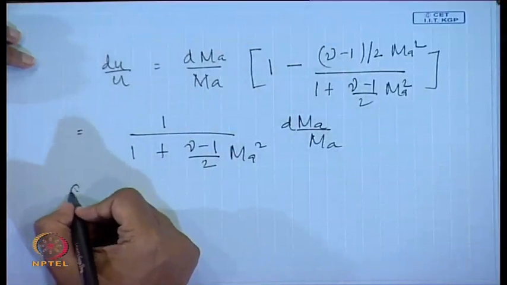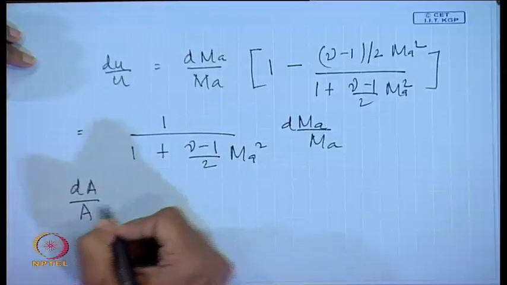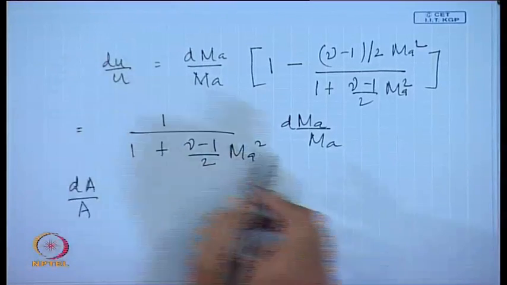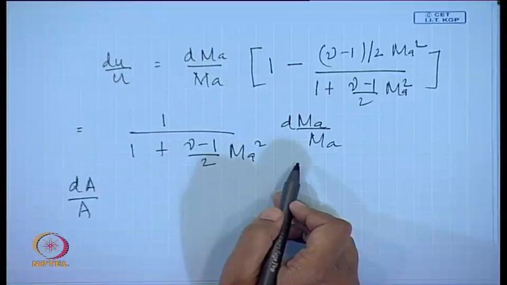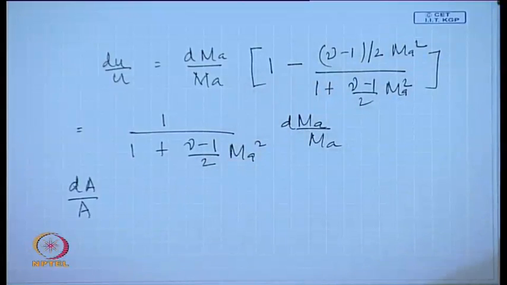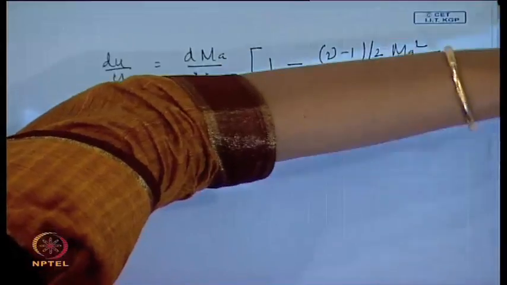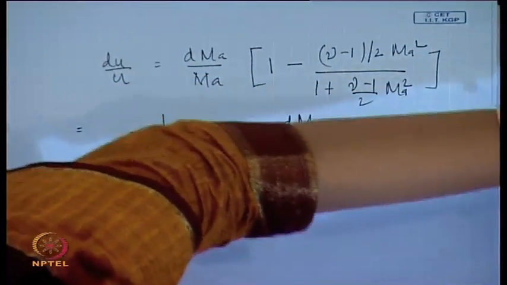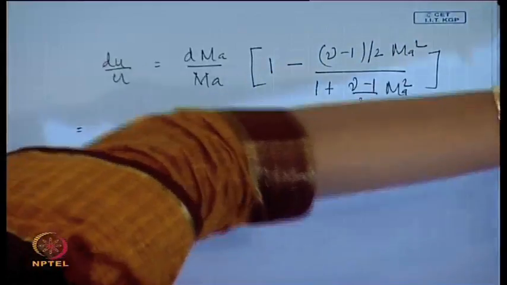So therefore, we find dA by A if we write, then in that particular case we have already got du by u from here. Okay. We already had an equation relating du by u and dMa, just a minute, we had one particular equation, yeah.